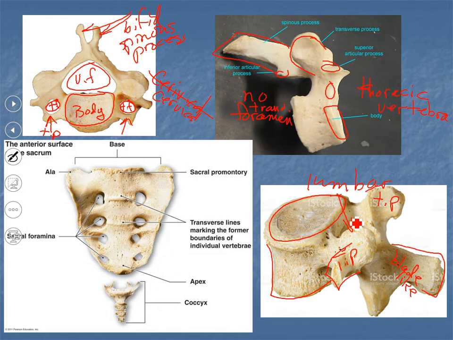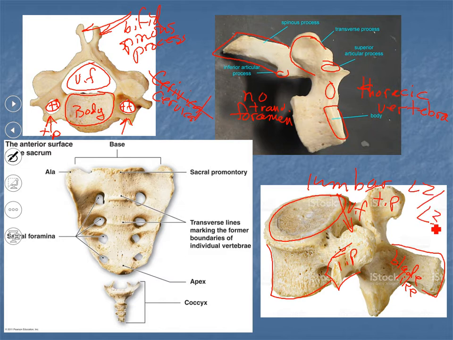In this zone is the vertebral foramen, the hole for the spinal cord still. But this is about the point where, when you get to L2, L3, we're changing from spinal cord to cauda equina.